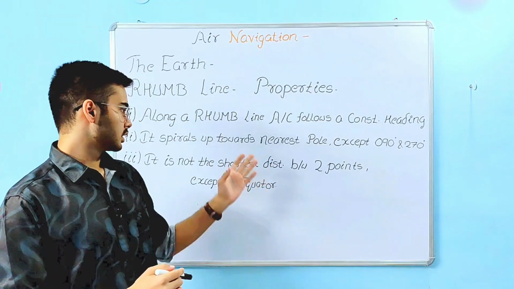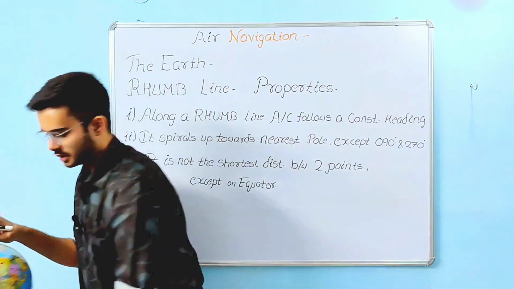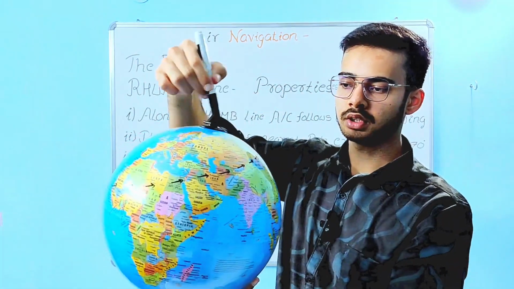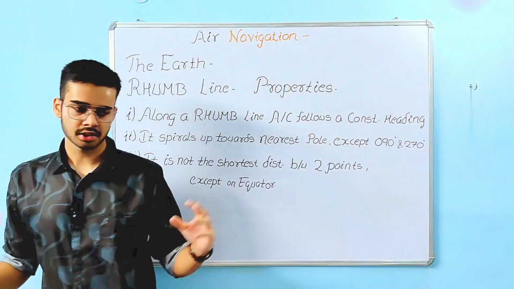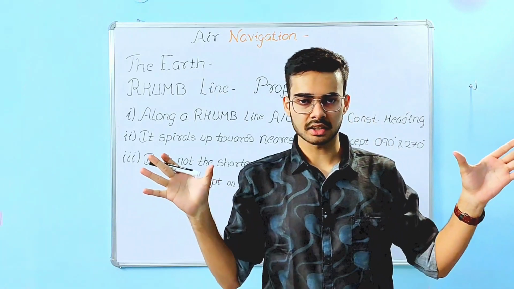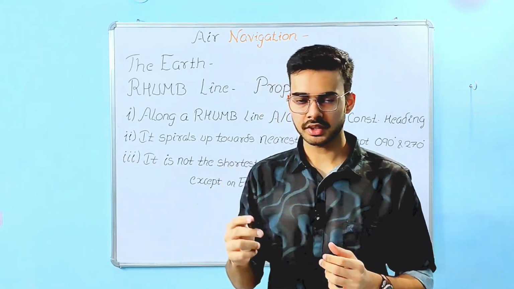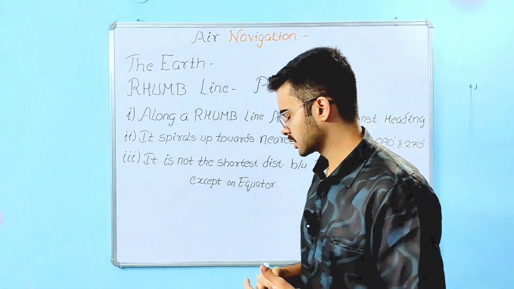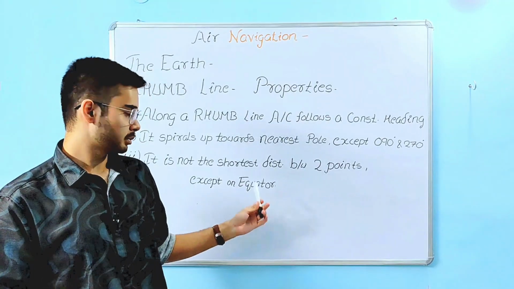Second, it spirals up towards the pole as we saw on the globe, except if the heading is 090 or 270. Means except when we are traveling on a parallel of latitude, 090 or 270, in every other case it will always spiral up. The last one, it is not the shortest distance between any two points except on the equator.